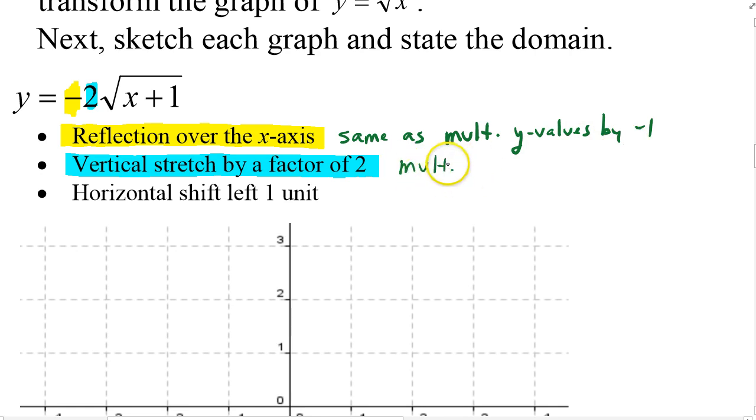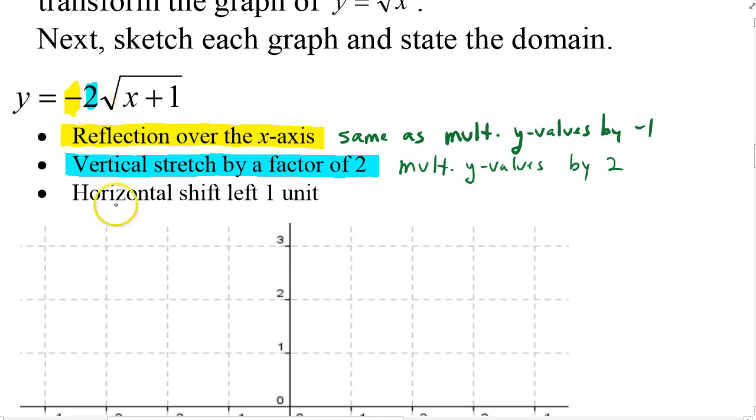This is mult, not M-U-L-H, it's M-U-L-T. Multiply the y values by not just -1, but by 2 at this point. So you've multiplied by -1, and then you've multiplied by 2 after that. So in total, you're multiplying by -2. Okay, the negative part is the reflection, and then the 2 is the vertical stretch part.